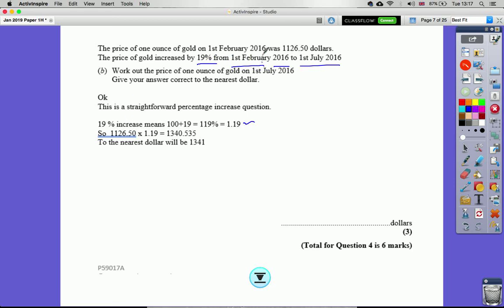So if we know the February price, we're looking for the July price. All we do is multiply 1126.50 by 1.19, which will give you 1340.535. To the nearest dollar, it will be $1,341.